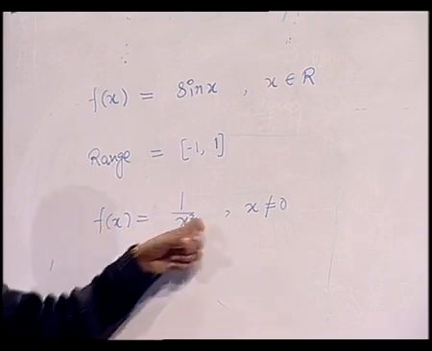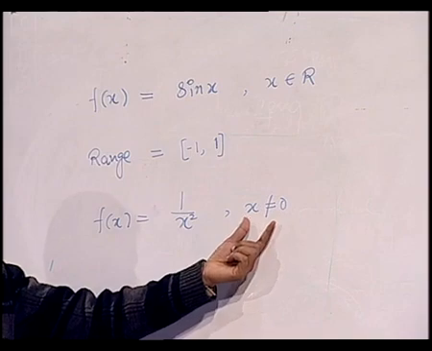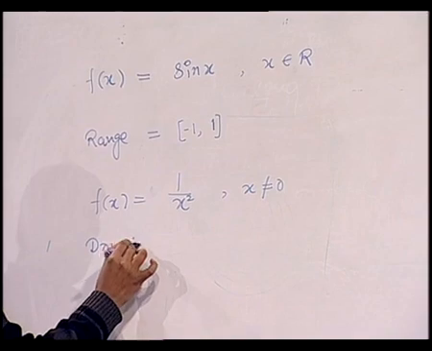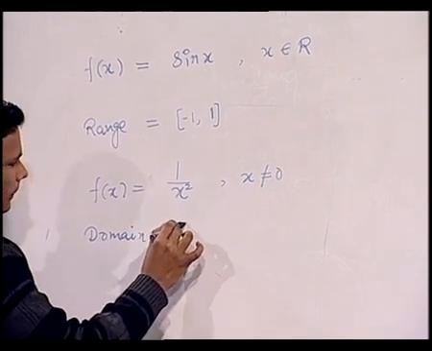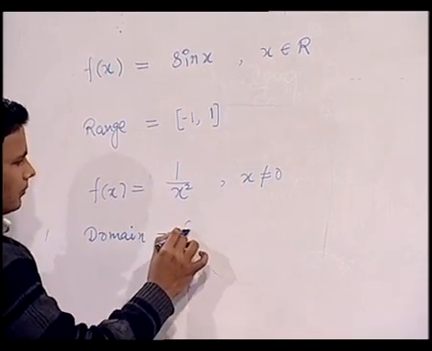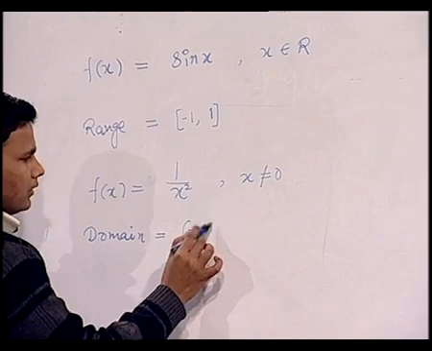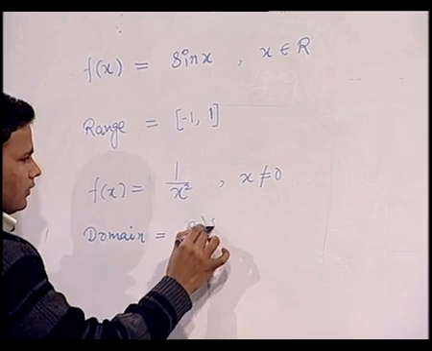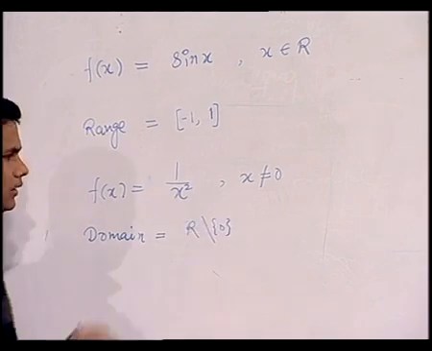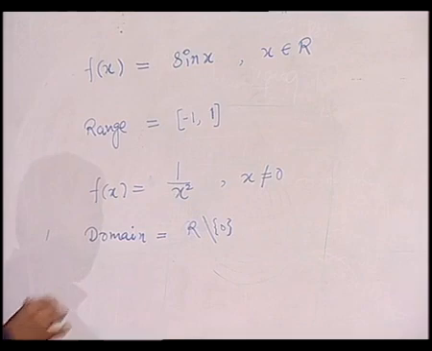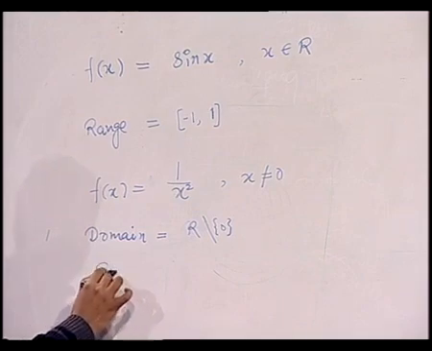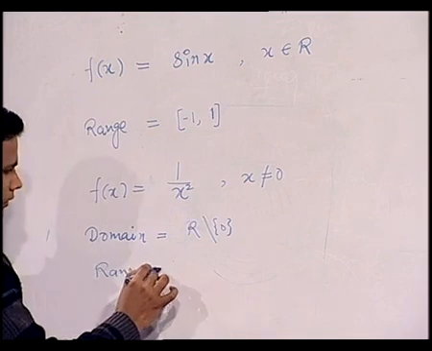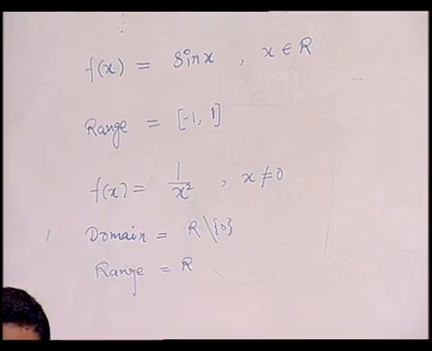So the function is not defined at 0. So its domain is R minus 0, and its range is the positive real numbers.